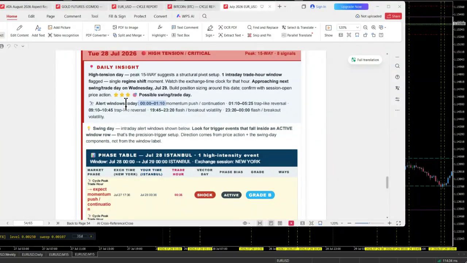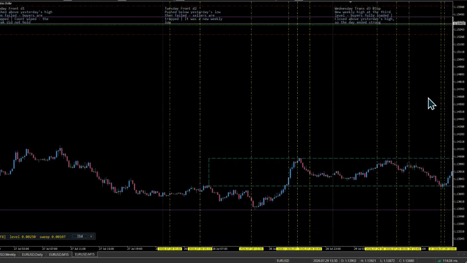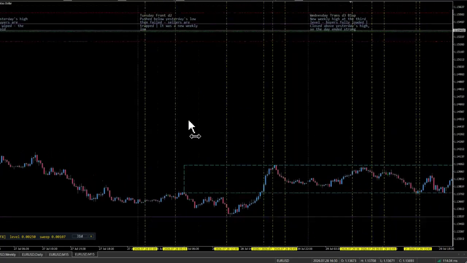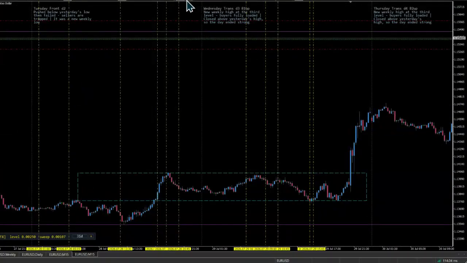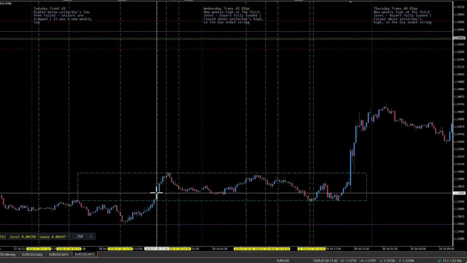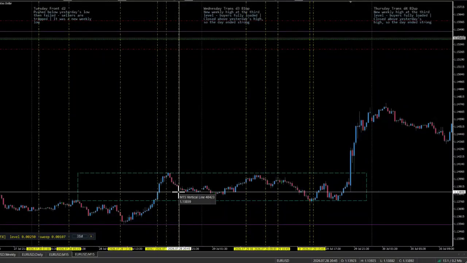10 past 9 to 10:45, trap-like reversal. 7:45 to 11, flash breakout volatility. 7:45 to 11:20. Well, this is Tuesday. 7:45 is there.